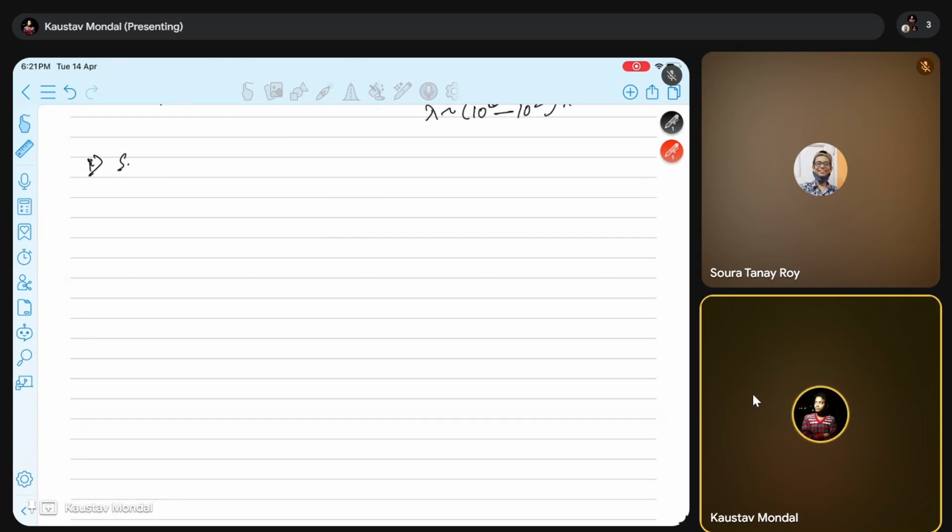So first is the spectral energy density. Since it's a density, it's per unit volume. It's denoted by U lambda, and these notations are also important to remember.